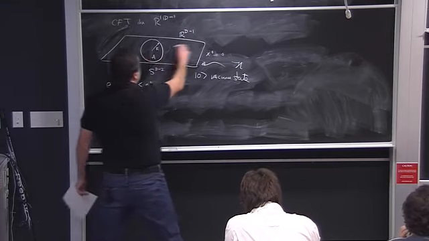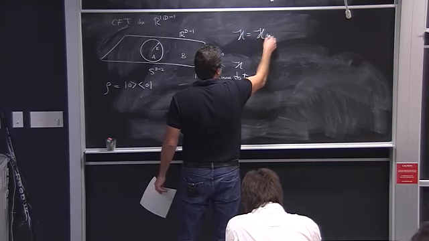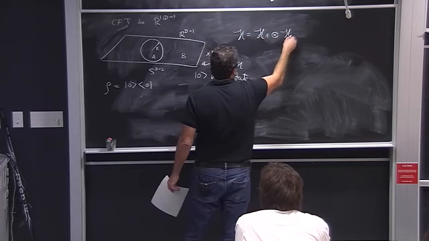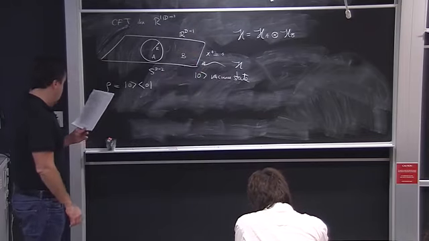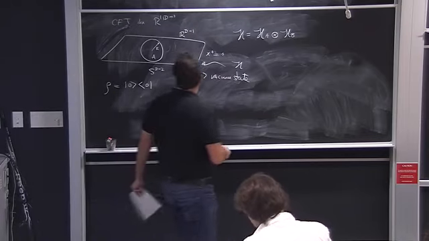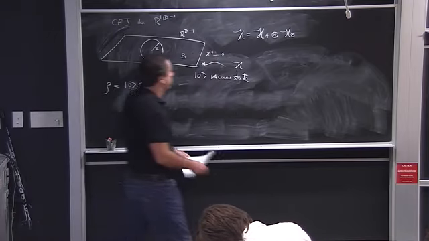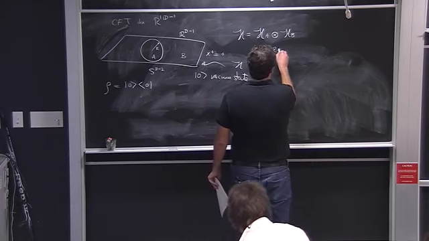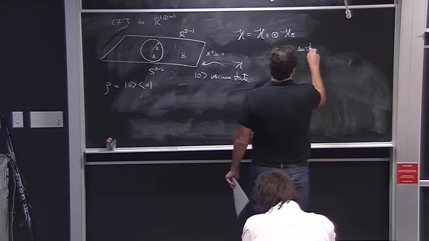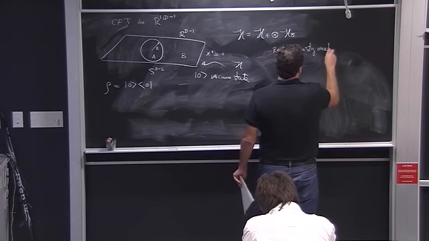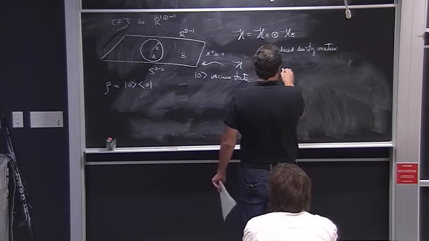Now, the Hilbert space in this temporal slice can be split into the Hilbert space in region A and region B. That's essentially some assumption of locality. And this guy lives in the full Hilbert space. So what we can define is the reduced density matrix, rho A, for example.